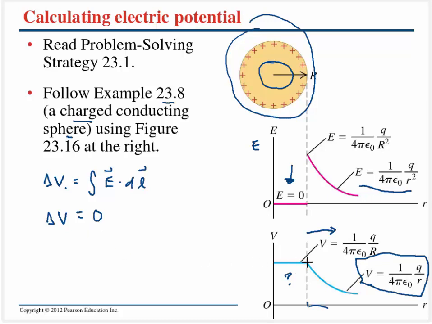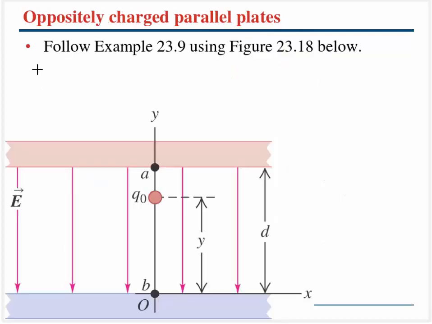So really, the voltage inside of the sphere must be what it was at the very edge of the sphere. So the voltage inside the sphere is simply going to be kq divided by capital R, where capital R is the radius of the sphere. So the electric field inside of a conducting sphere is equal to 0. Voltage is not. Voltage is going to be constant inside of such a sphere.